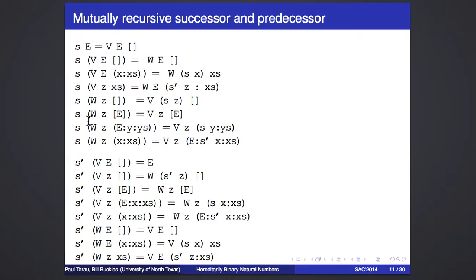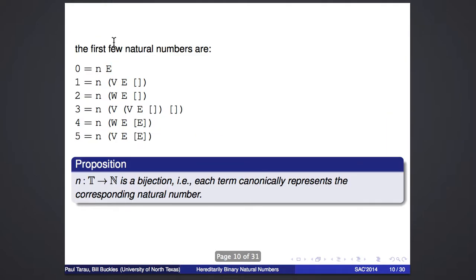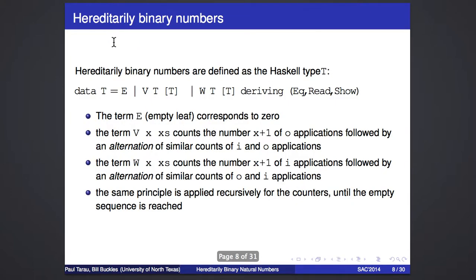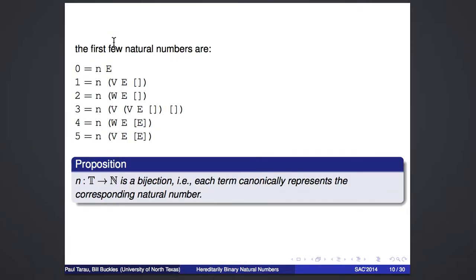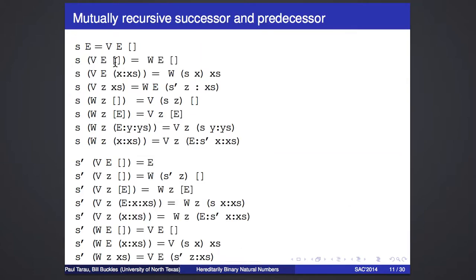The successor is defined also by case analysis, on the empty tree, objects of type V and objects of type W. And the predecessor S prime corresponds, reading right to left, one by one, to the same computations as the successor, but performed backward.